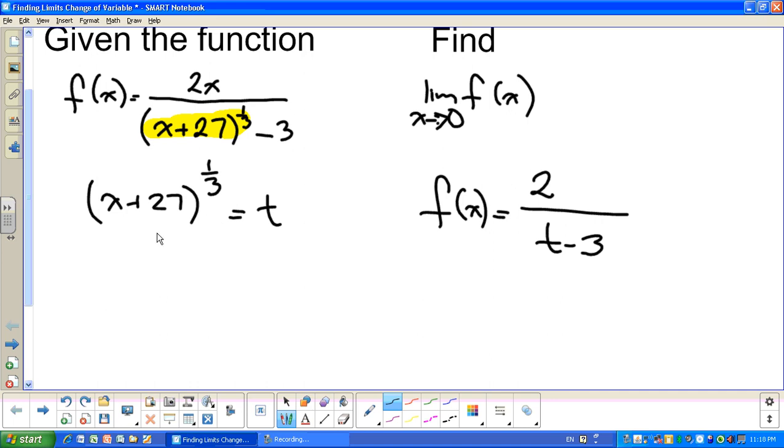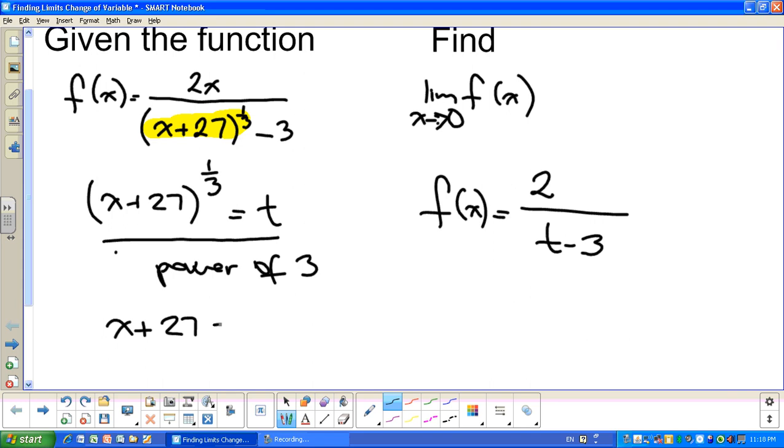Looking at this expression over here, I'm gonna raise both sides of this expression to the power of 3. Let's see what happens. Left side becomes x plus 27, and the right side becomes t to the power of 3. As a result, x will be t to the power of 3 minus 27. So the top of this function is 2 times (t cubed minus 27).